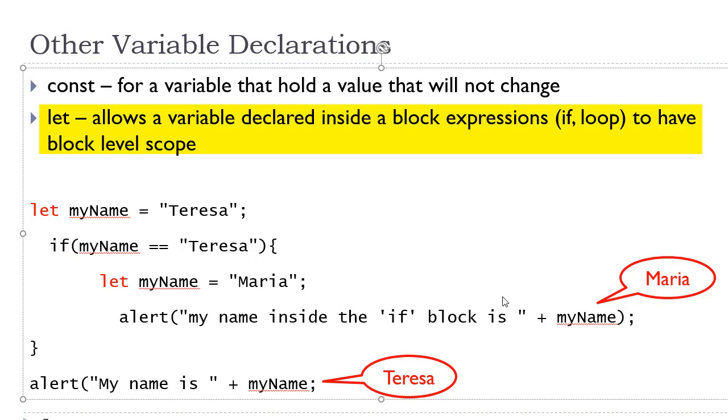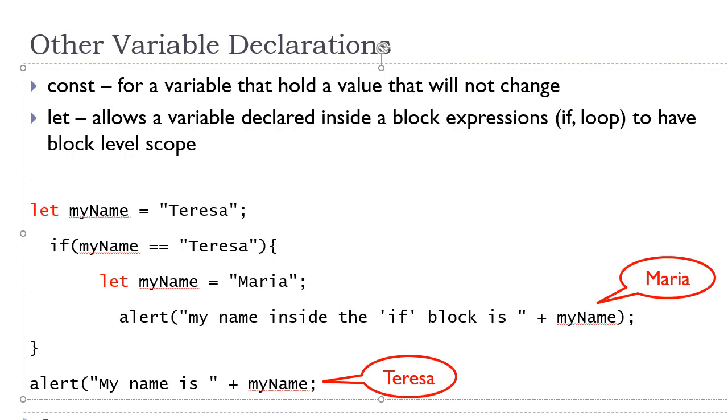However, if you declare the variable using let, you can give that variable block level scope, which is essentially the same thing as local scope. So that is the purpose of using let. var is still a valid keyword to declare variables. However, many programmers are just using let in a lot of code today.